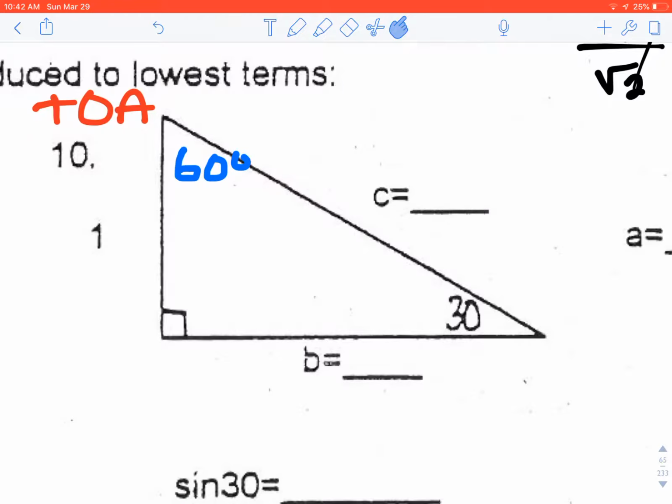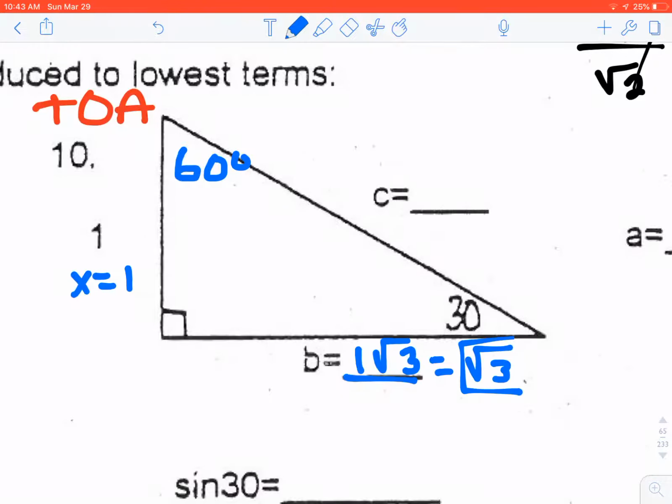But we're missing our long side and our hypotenuse. So you want to start with what we're given. We know that the shorter side is 1, which is our x. To find our b, which is our longer side, you're just taking x times square root 3, which is really just square root 3.